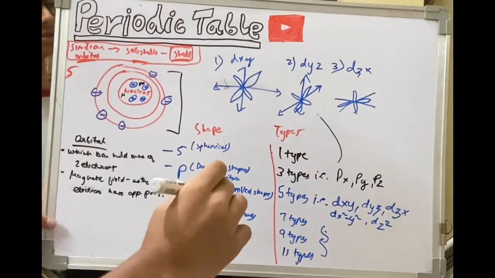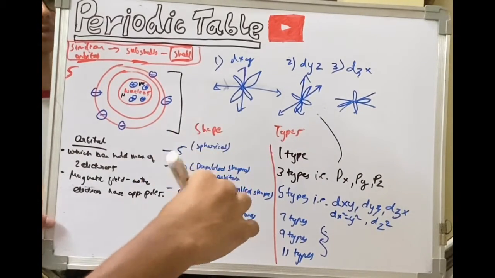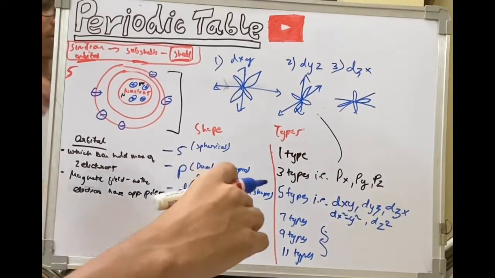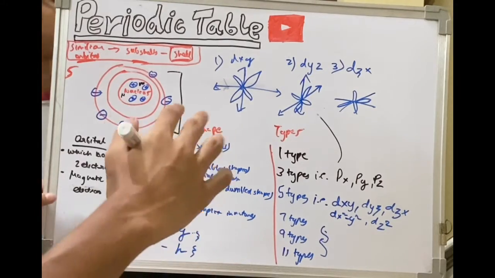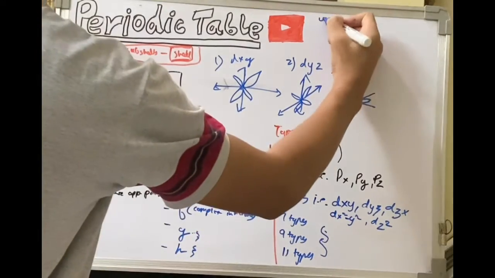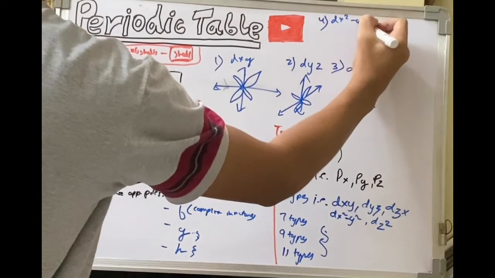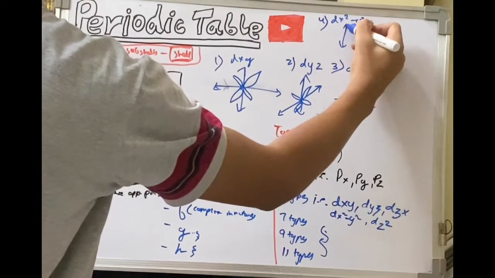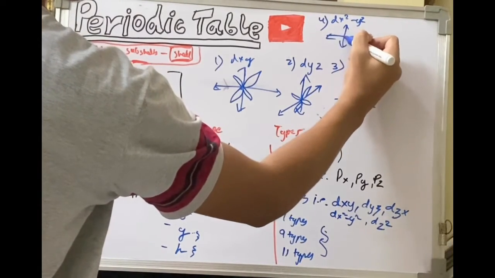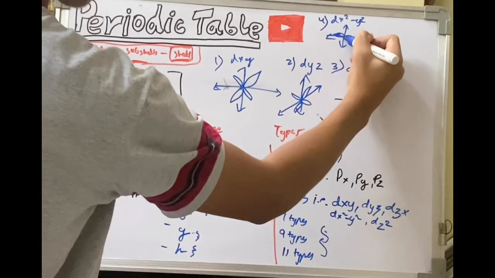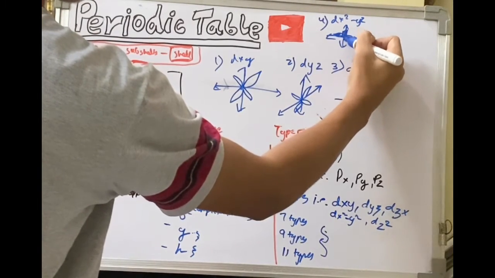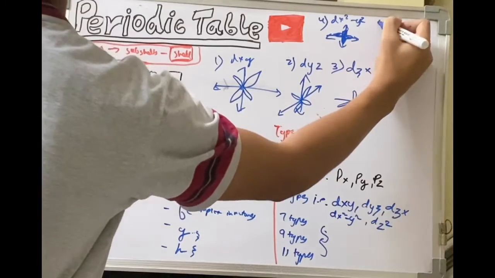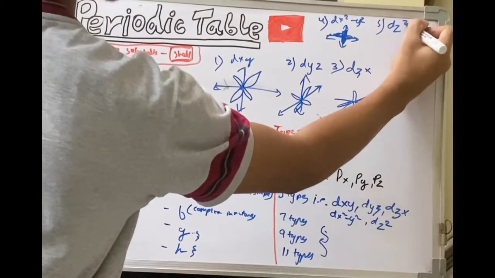Okay, so now comes dx square minus y square. These are also formed on the axis. The difference is that these are dumbbell shape. So it will be something like this. Now comes the dz square.